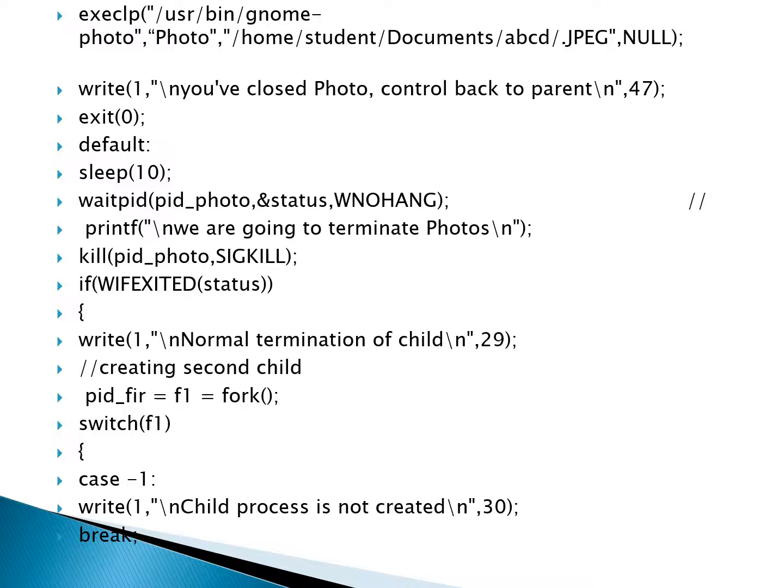The gnome photo is nothing but the pathway of the application alone, and the home student document ABCD is nothing but the pathway of the particular picture that I want to display. Okay, this is for the photo application, and ABCD is the photo which I want to display, and I've given the format in which the photo is present.